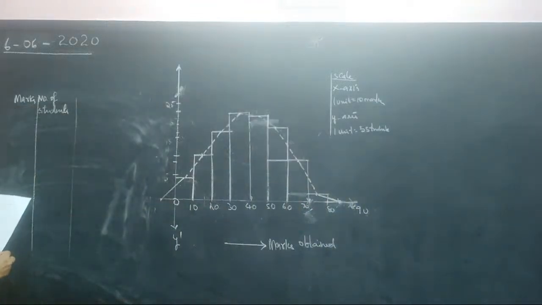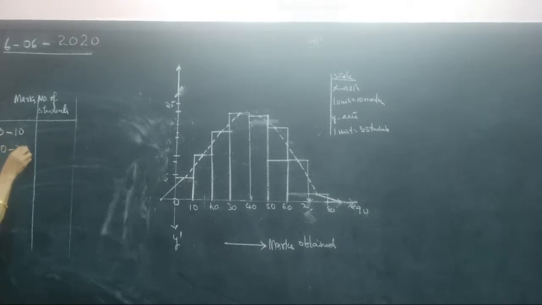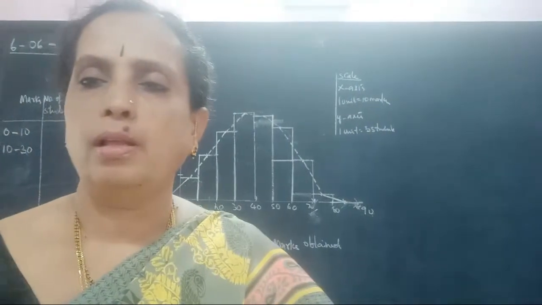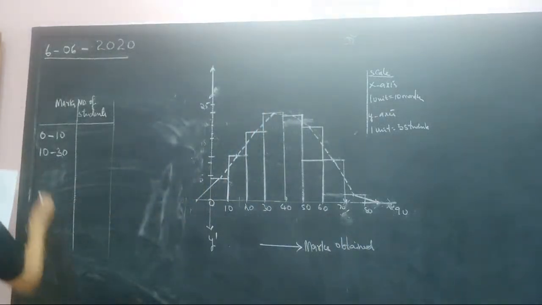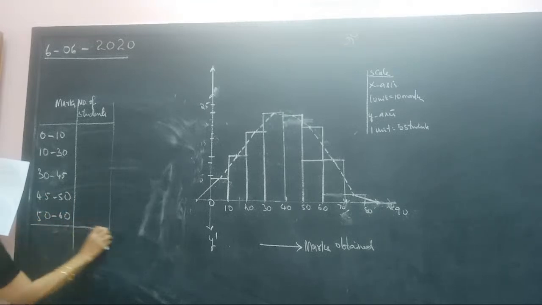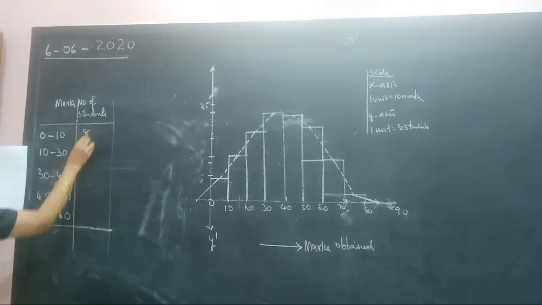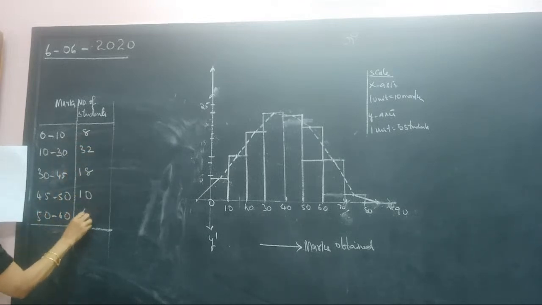We have two columns: marks and number of students. The classes are 0 to 10, 10 to 30, 30 to 45, 45 to 50, 50 to 60, and the corresponding frequencies are 8, 32, 18, 10, 6.